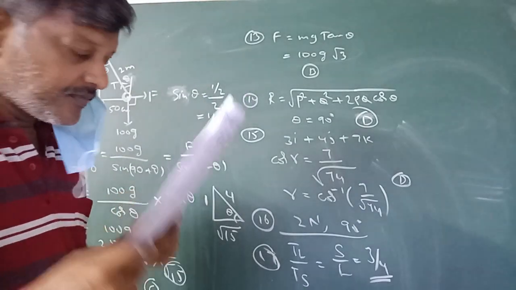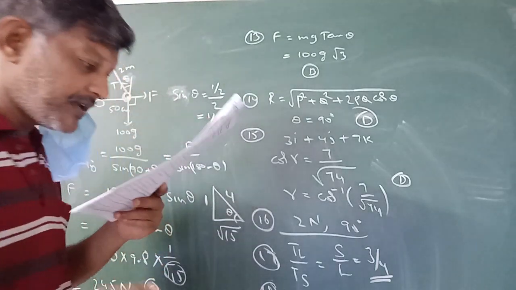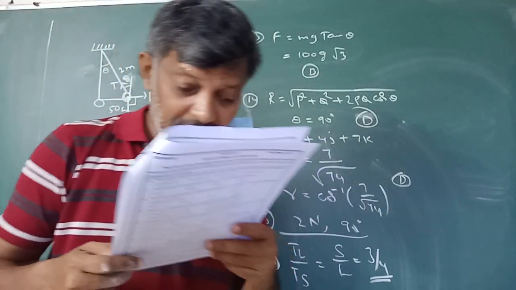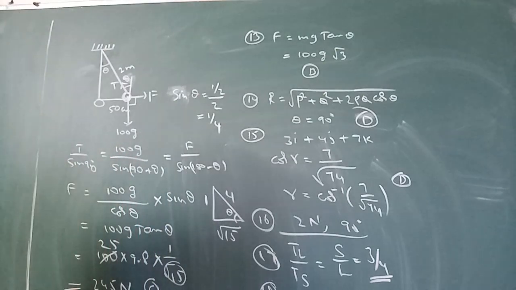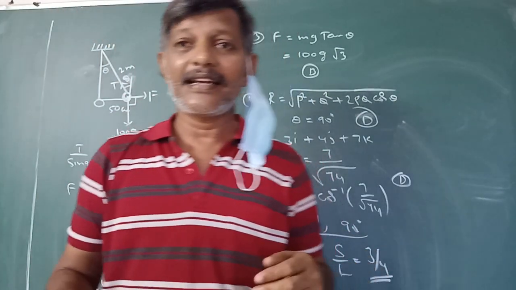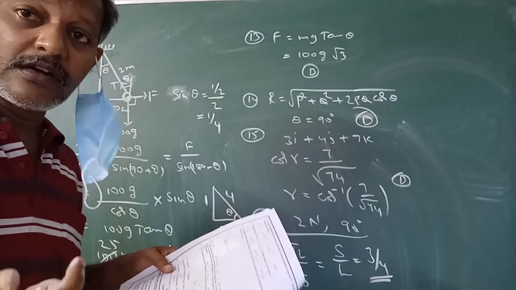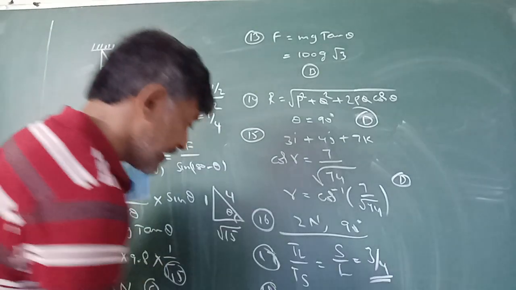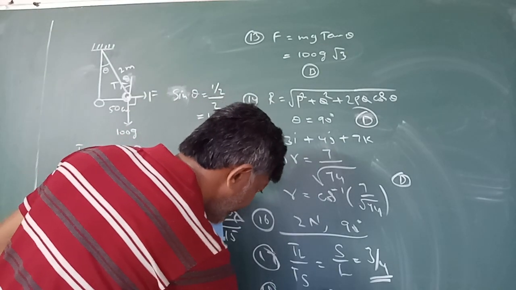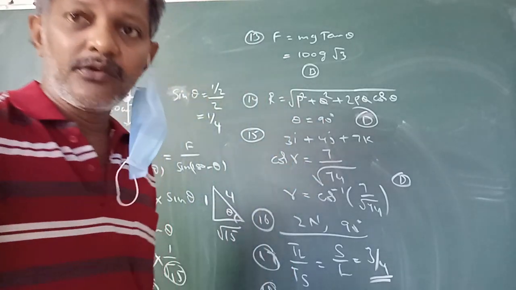So the resultant of R and P is again F because the angle is 120 between P and R. So the resultant is F along Q, which is also equal to F. Therefore 2F along OQ.